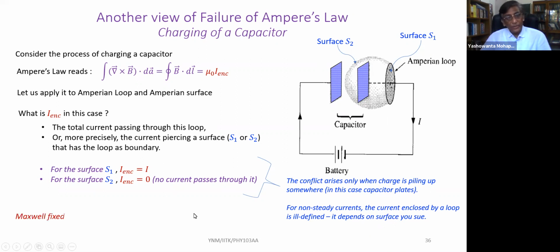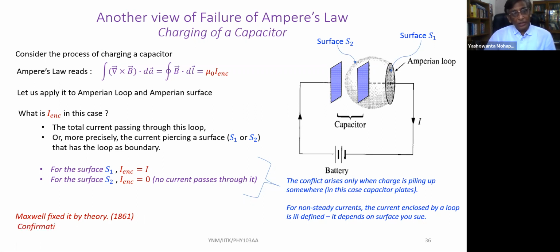So Maxwell fixed this inconsistency, and that was in 1861. 1861 is typically considered the year when all those equations became Maxwell's equations, because of his fixing of this inconsistency in Ampere's law, and it has big consequences.